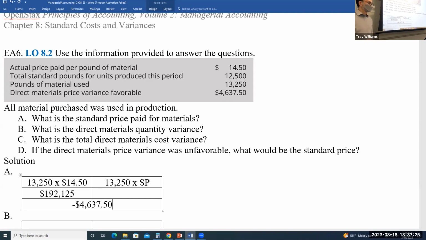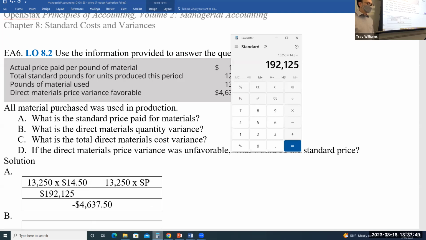Favorable is negative when it comes to cost. So what that tells us is that this amount is less than this amount by 4,637.50. And so now we can figure out what this amount is.